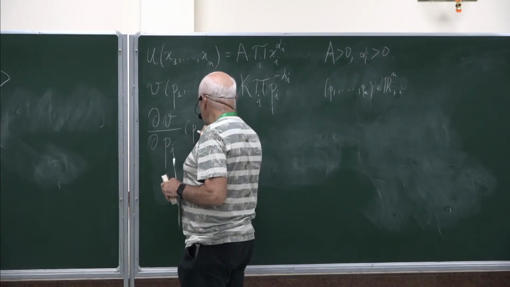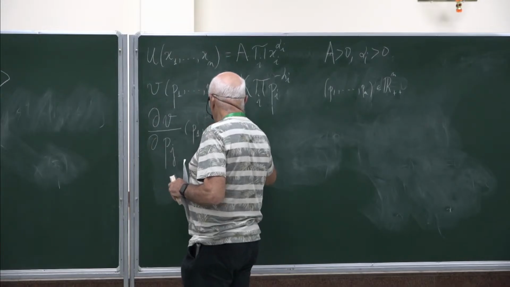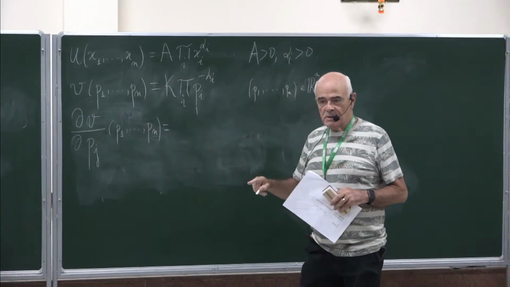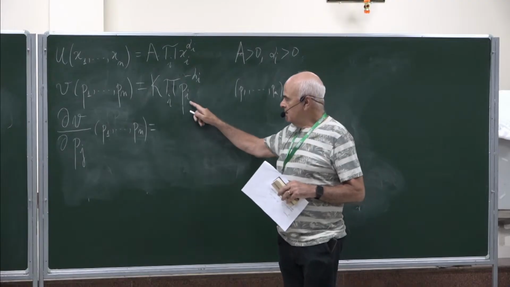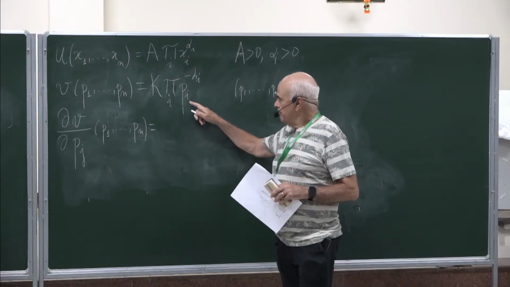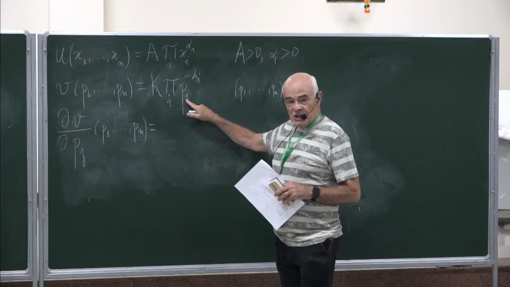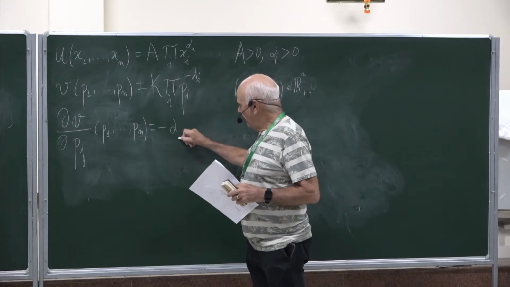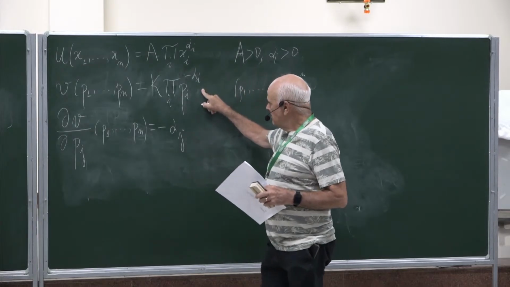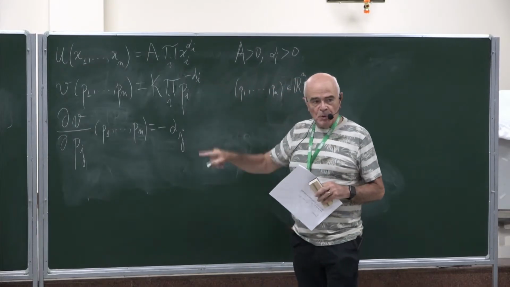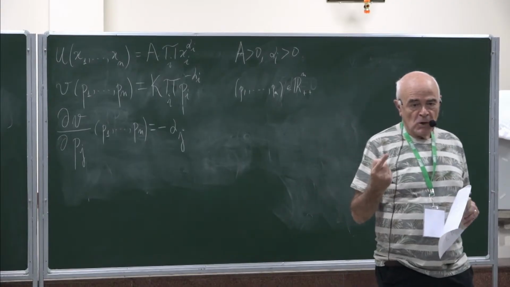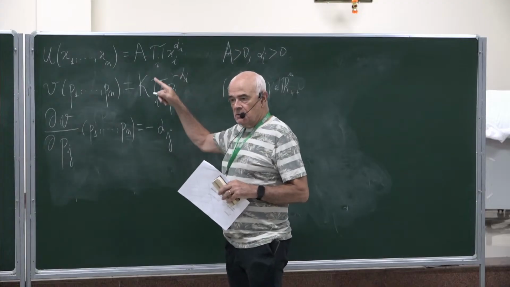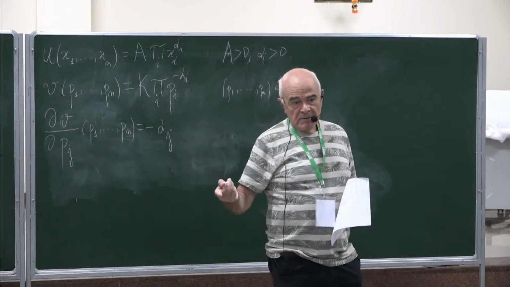So the partial derivative of f with respect to p_j at (p_1, ..., p_n) is, okay, what's the effect of taking the derivative with respect to p_j? We get minus alpha_j, and then the same but with p_j with exponent minus alpha_j minus 1, which means we get the same expression but divided by p_j.